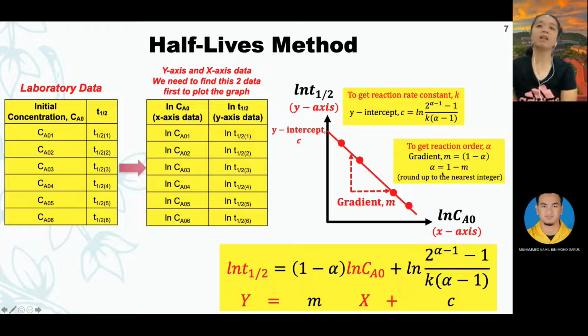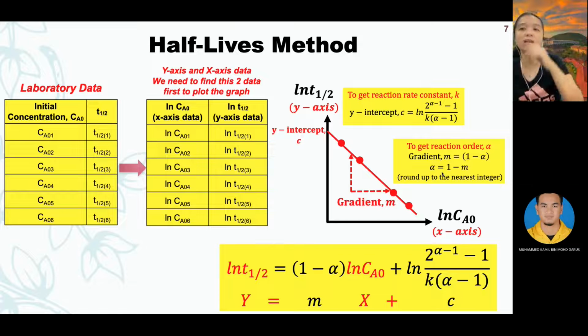Okay, then the value of alpha is the reaction order. I taught you that reaction order must be an integer, a whole number. Zero order, first order, second order, and so on. So if you get a fraction, say you get 1.1, you have to round to the nearest integer.